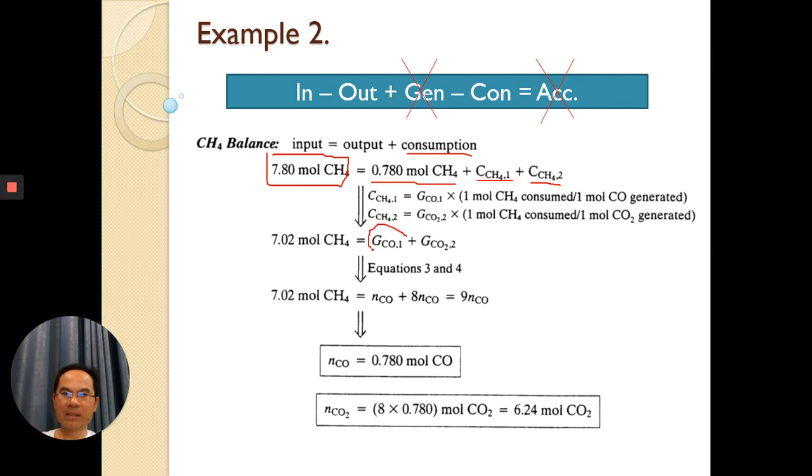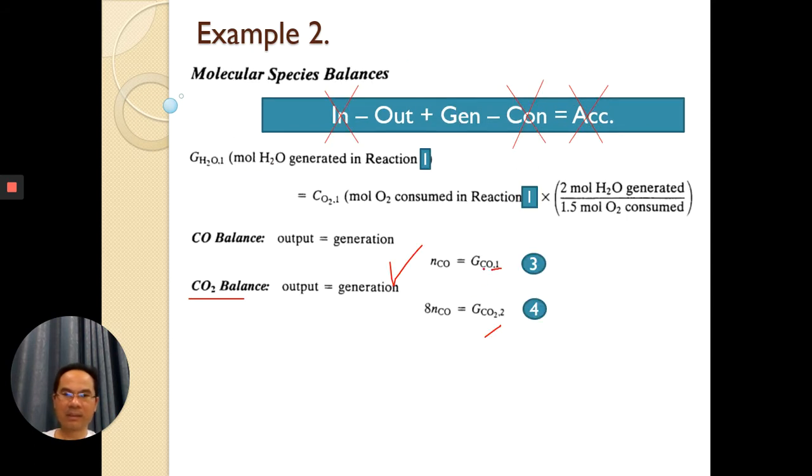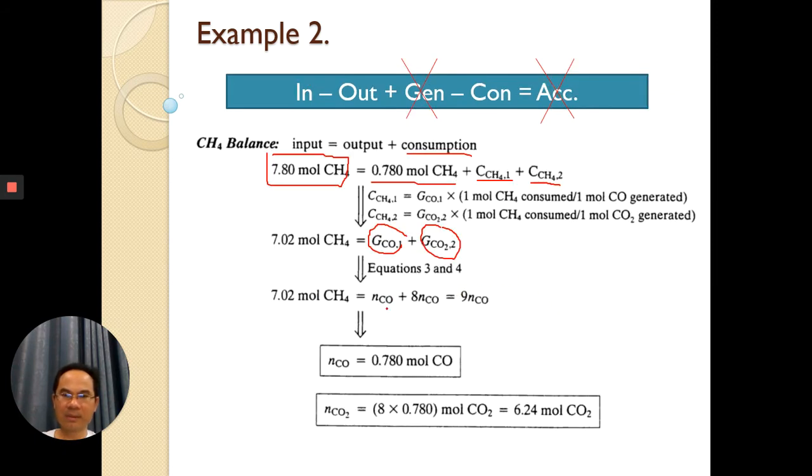And you know GCO1 and you know GCO2 from each reaction. GCO1 equal to NCO, GCO2 equal to 8 NCO. You substitute NCO plus 8 NCO equal to 9 NCO. That's it, only one unknown. You can solve for NCO. NCO equal to 7.02 divided by 9.